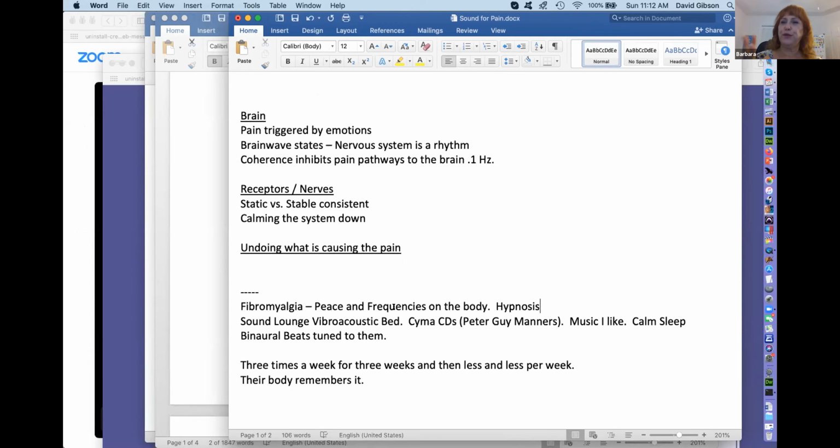I don't play the bowls yet. And she hypnotizes them, and helps them see what the root cause might be, especially if it's emotional pain or something else causing their pain, using the subconscious mind to determine the root cause. She helps you visualize that and helps you clear that.